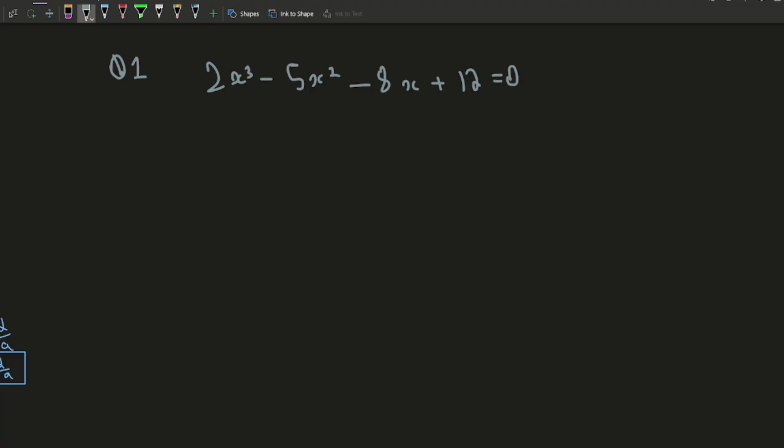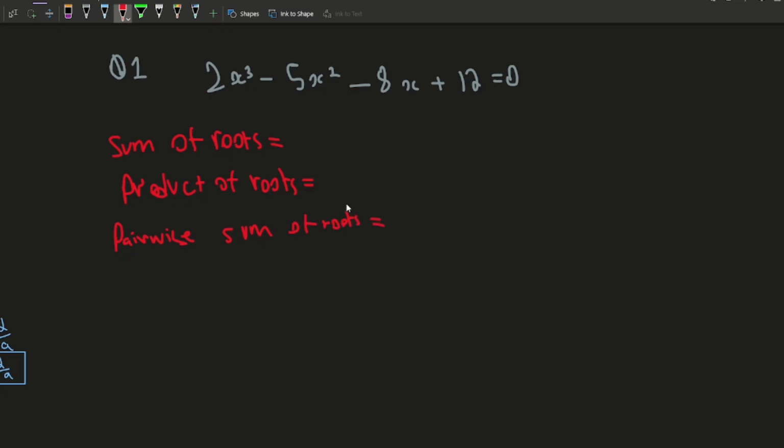We have to find the sum of roots, product of roots, and pairwise sum of roots.